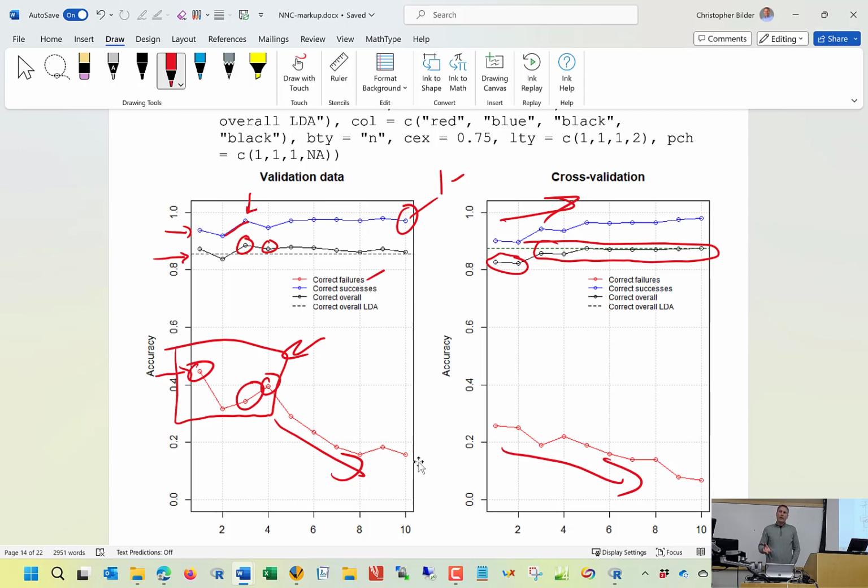But one reason why I wanted to include that there is because we talked about how discriminant analysis has some assumptions with it. For example, the multivariate normal. Or maybe an equal or unequal covariance matrix structure. Even with those assumptions, it's doing pretty good when we compare it to nearest neighbor classification, which essentially has no assumptions at all.